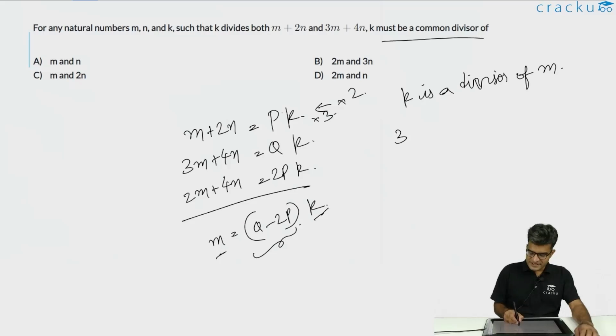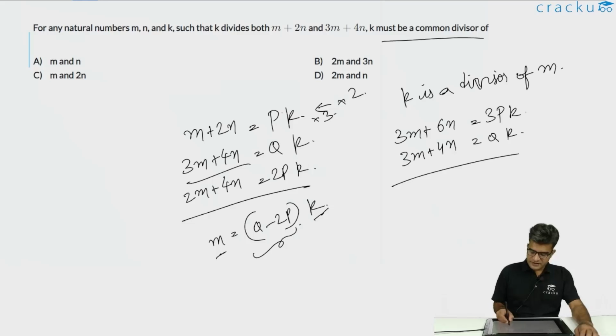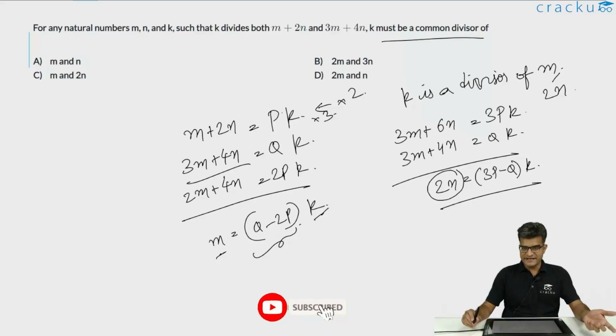So we are going to get 3m plus 6n is equal to 3pk, and this one is 3m plus 4n is equal to qk. If you subtract one from the other, we are going to get 2n is equal to (3p minus q) into k. So again, we can say that k is also a divisor of 2n. We can't say that k is a divisor of n, but we know that k will divide 2n.